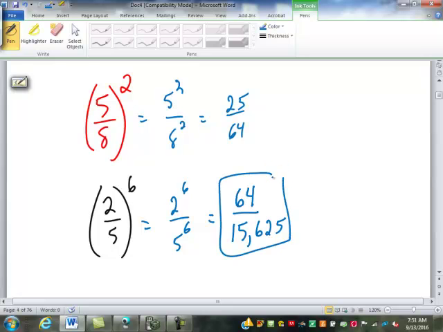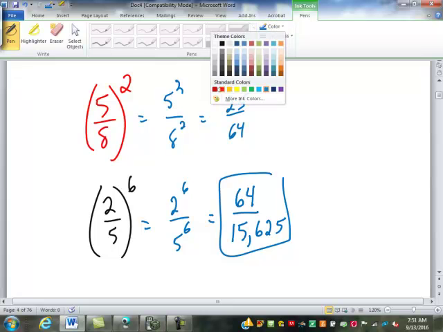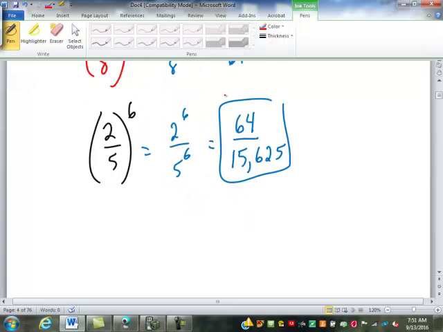Now you look at that, that seems like a really weird number. I mean, 2/5 is 0.4, that's just less than 1/2. This is way less than 1/2. But if you think about this, if it were 0.4 to the power of 6, how many decimal places does this have to have?